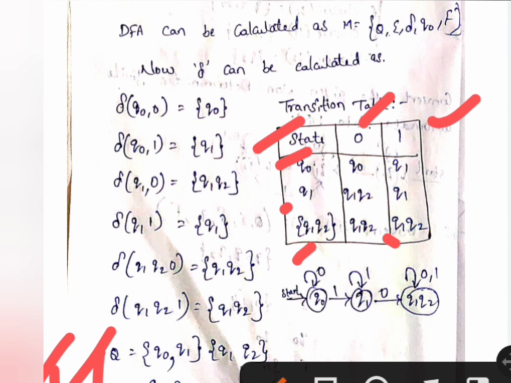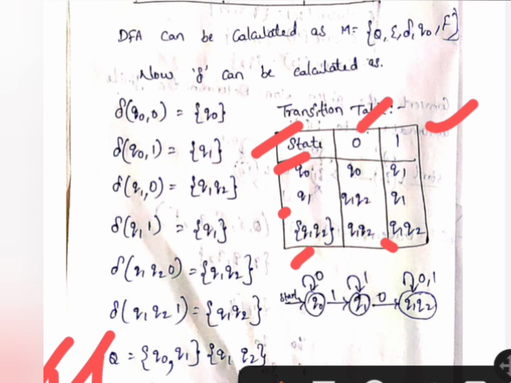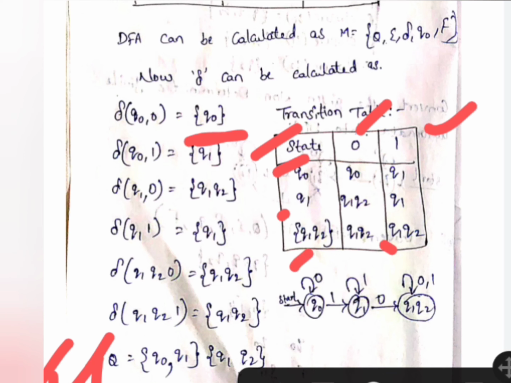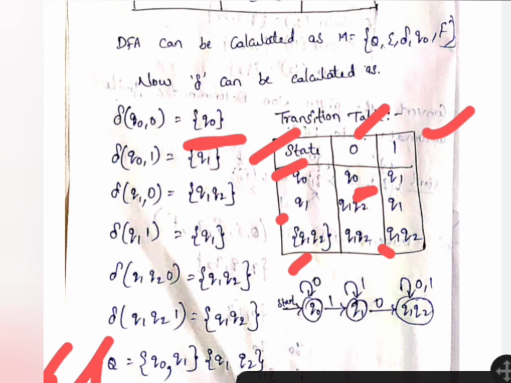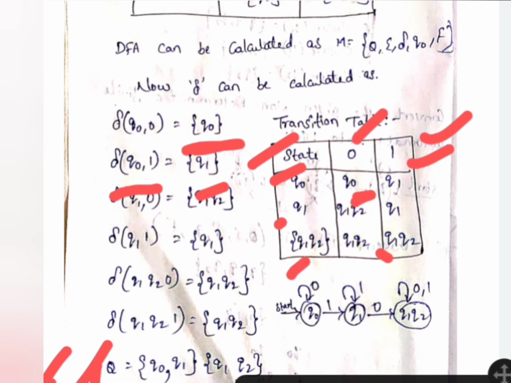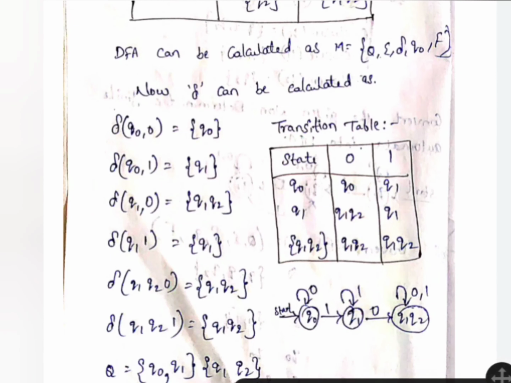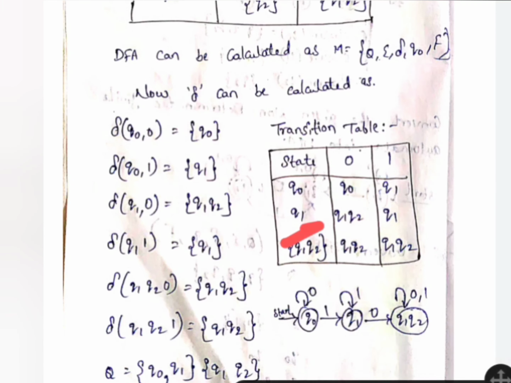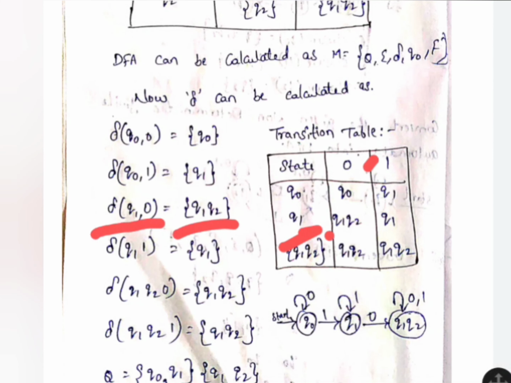Q0 with input symbol 0 moves towards Q0 only, so you write Q0. Q0 with input symbol 1 moves towards Q1, so you write Q1. Next, Q1 comma 0 moves towards Q1 Q2, so you write Q1 Q2.